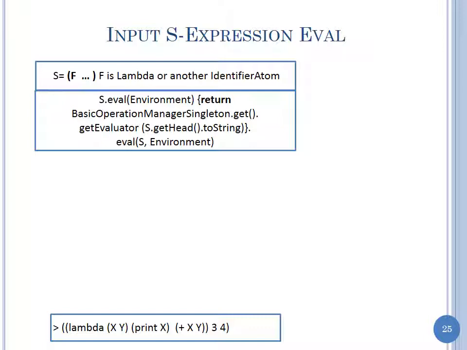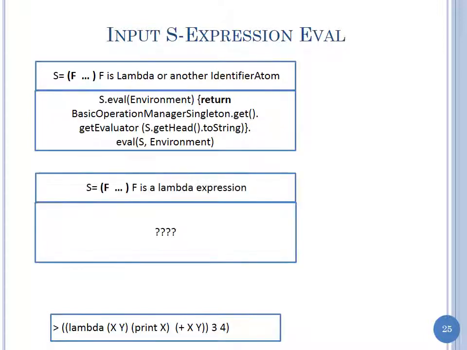And so far I've been saying that S, the composite expression that is being evaluated, is of the form, first I said function name and arguments. Then I said some identifier name and arguments or lambda body. Now we have another case.